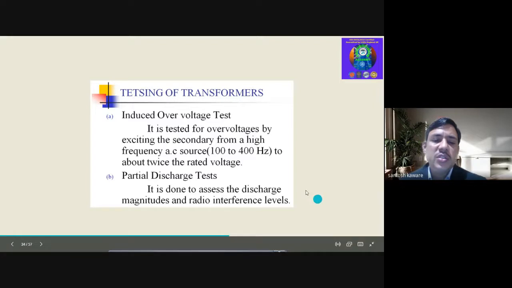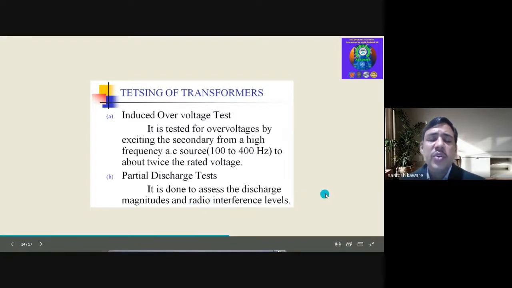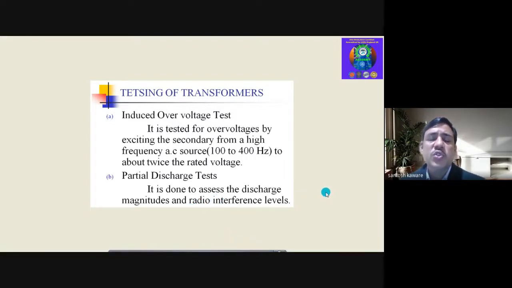Then another test is a partial discharge test. So here, we know that whenever there is a high voltage stroke, whenever there is any lightning stroke on any transformer bushing or particularly on bushing insulators, some stroke is experienced by that equipment, means a certain amount of discharge current passes through that.